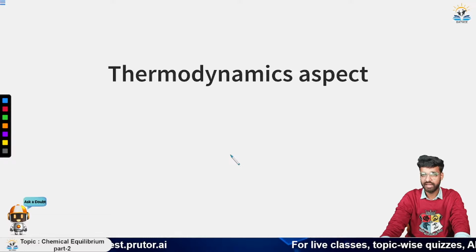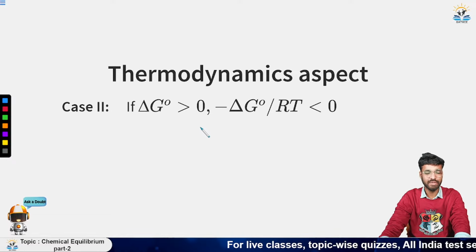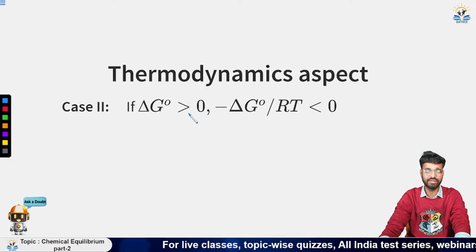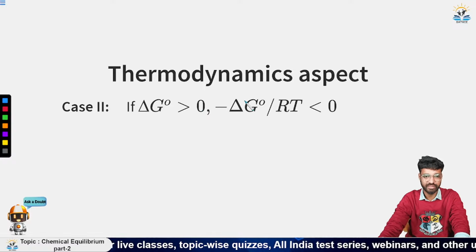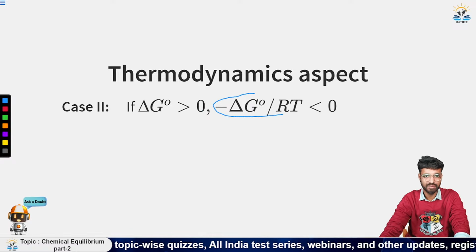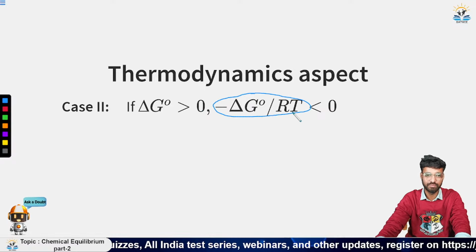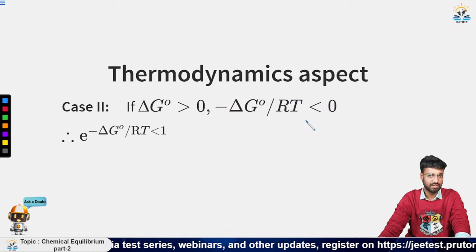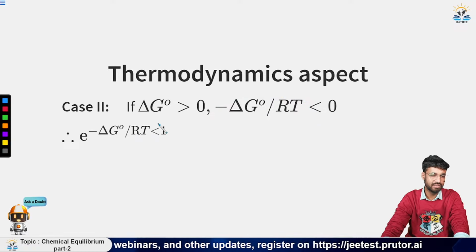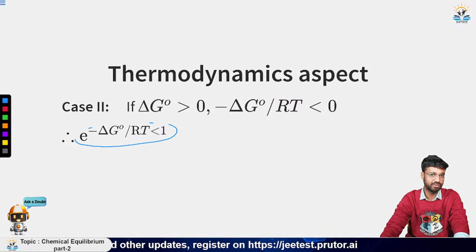Now the next case we have here is that if delta G naught is greater than 0, that is, delta G naught is positive, which means this whole term will be negative in the same way. Now since it is negative, we will get a value less than 1 for this whole thing.